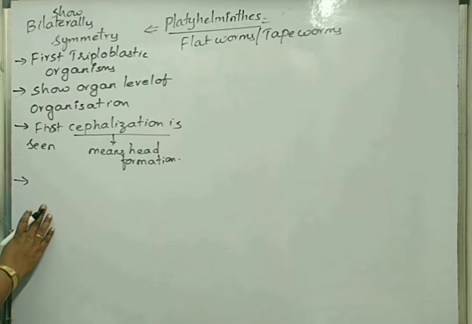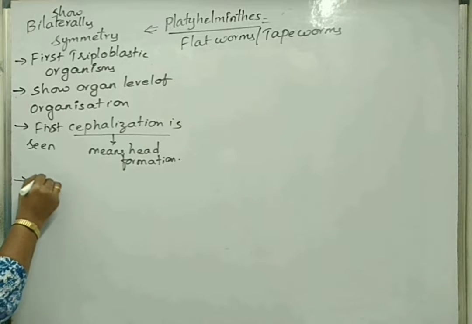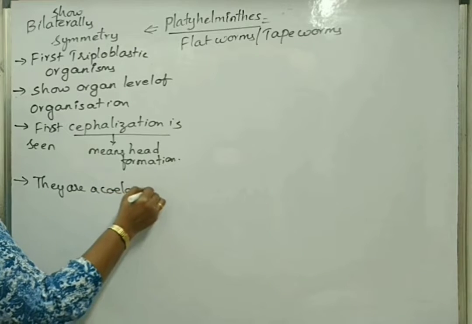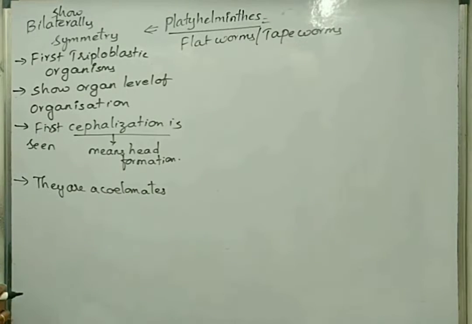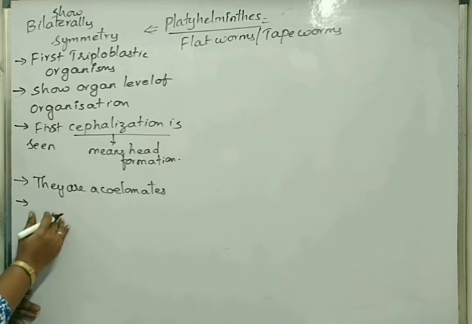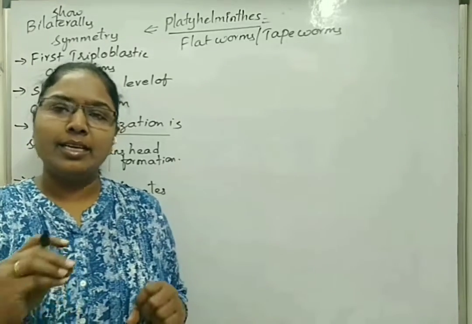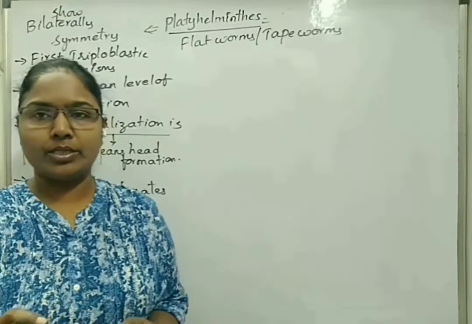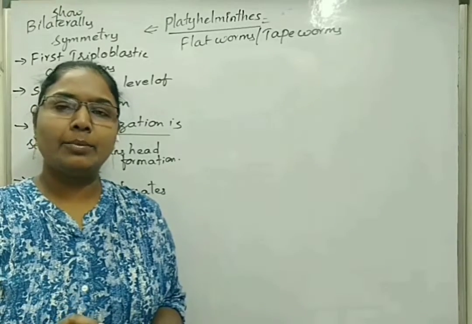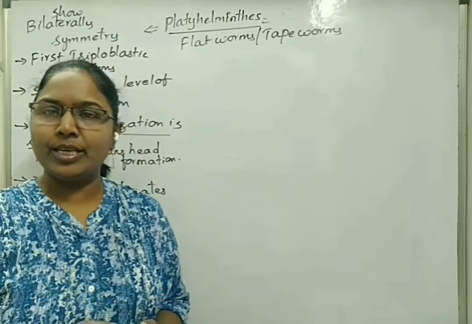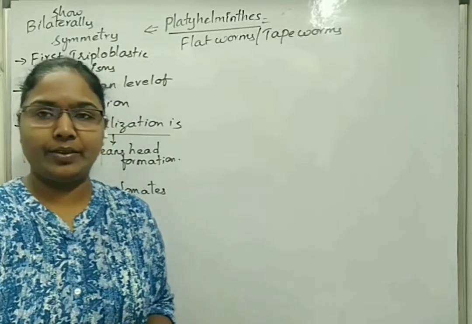Platyhelminthic organisms are acoelomates. They are mostly endoparasites, meaning they live and complete their total life cycle inside the host. They cannot live outside the host. Few examples like planaria are free living.